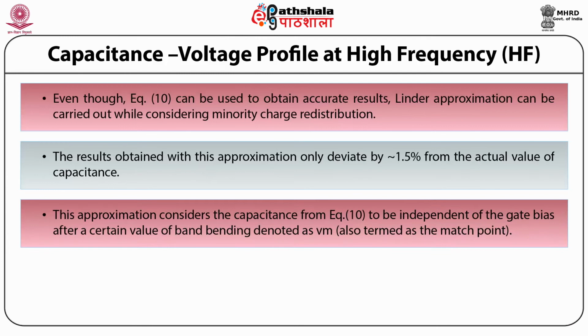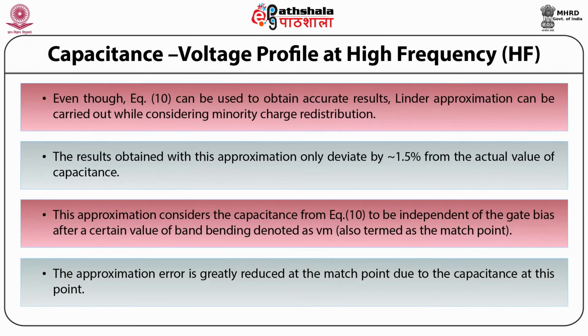This approximation considers the capacitance as calculated in the previous slide to be independent of the gate bias after a certain value of band bending, which is denoted as Vm and is also termed the match point. The approximation error is greatly reduced at the match point.